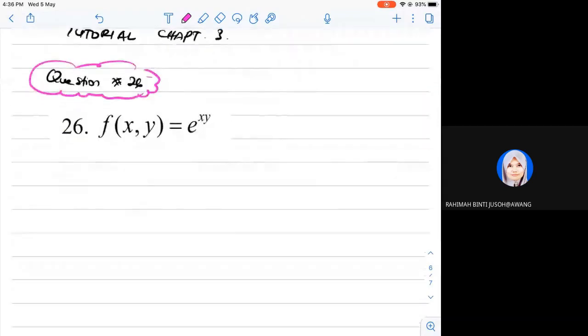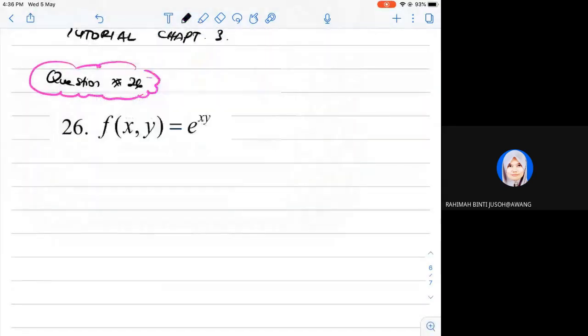Okay. So sama je guys, step dia you kena cari fx dulu, kena cari critical point I mean. Okay, so fx you cari critical point. We will get what's the constant now bila differentiate terhadap x? Y. So y duduk depan lah. Y exponent xy.